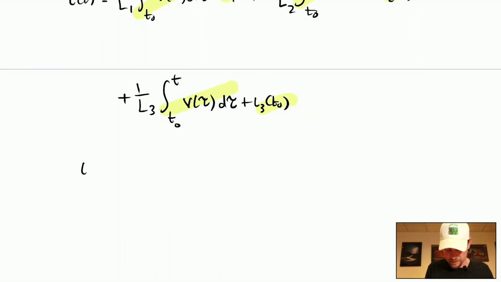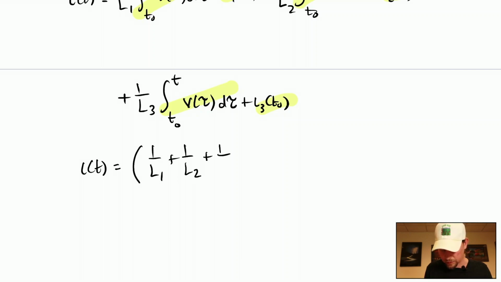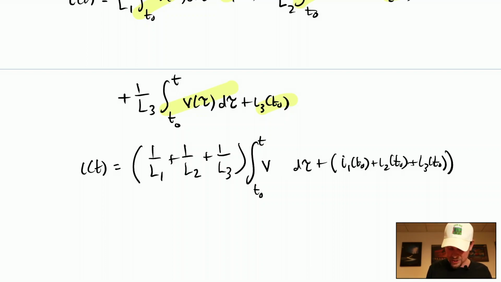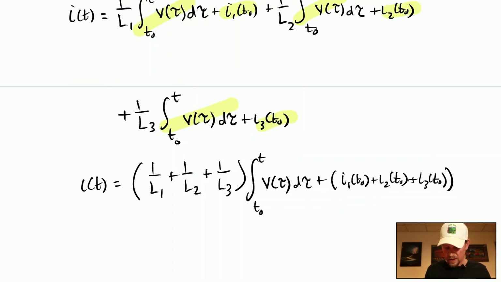So here I have that I of t is equal to 1 over L1 plus 1 over L2 plus 1 over L3, the integral from t0 to t, V of tau d tau, plus I1 of t0 plus I2 of t0 plus I3 of t0 like this. And this is, once again, where the magic happens, right?